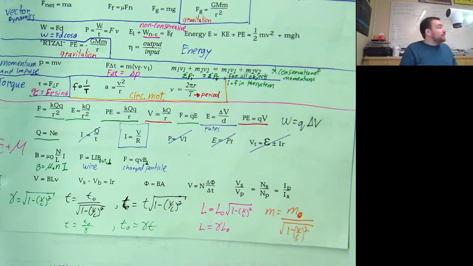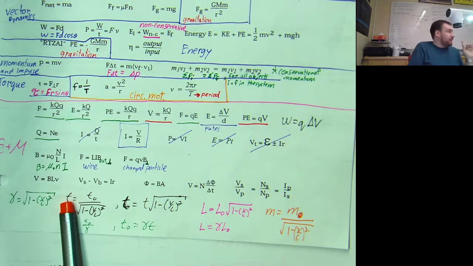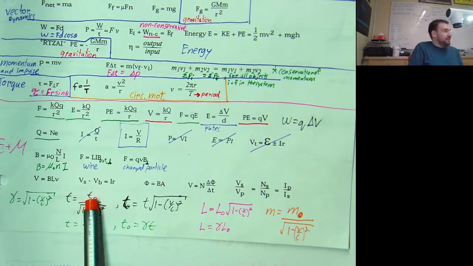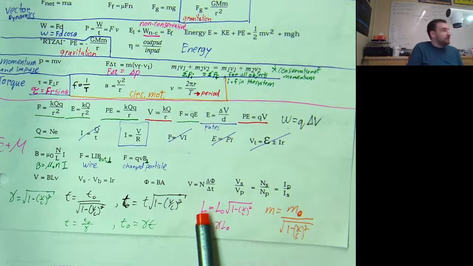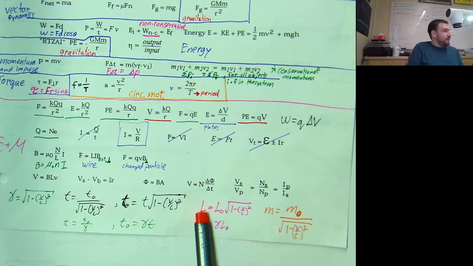It would be important, the kind of thing that I would toss on the back of the formula sheet, to note who's doing the measuring. We had T was time on Earth observed. T0 is the time observed on the ship. L is relativistic length: if I'm sitting outside of this, what am I observing the length to be as impacted by relativity?